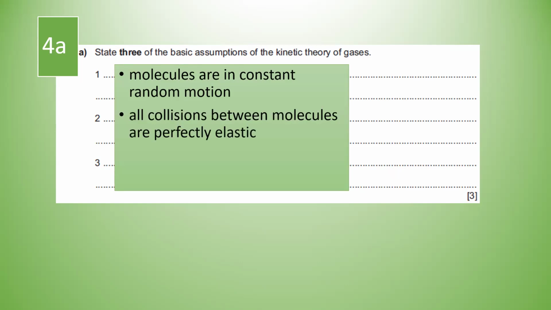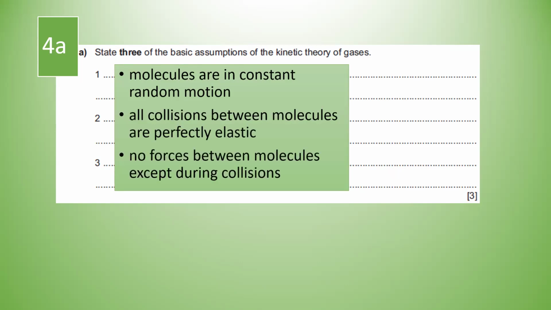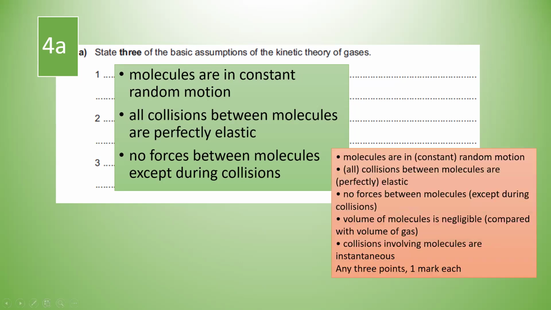Collisions between molecules are perfectly elastic. No forces between molecules except during collision. I thought that's for ideal gas. That is the assumption for ideal gas. But this is kinetic theory, basically we are looking at ideal gas. They word it differently.